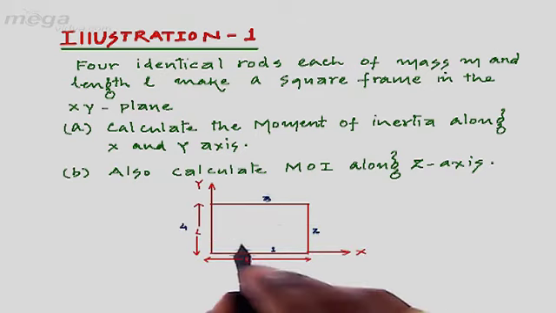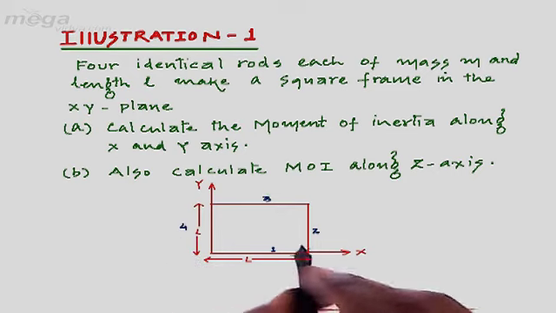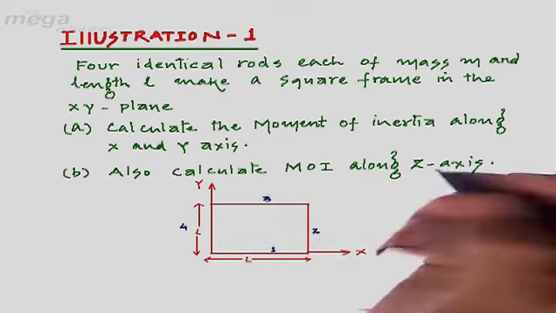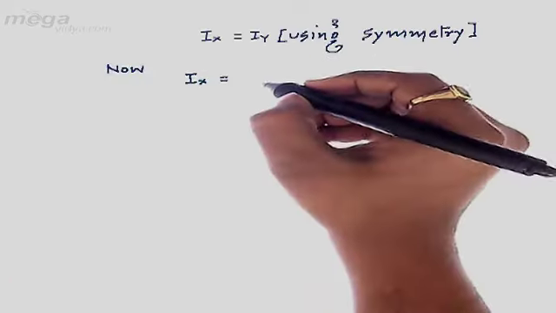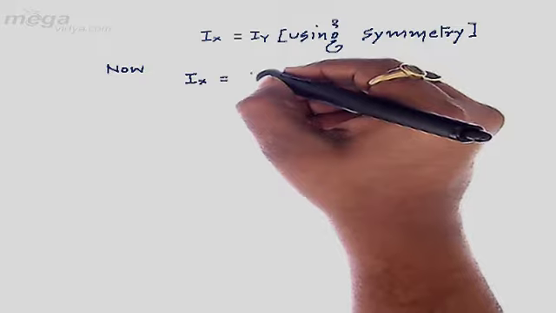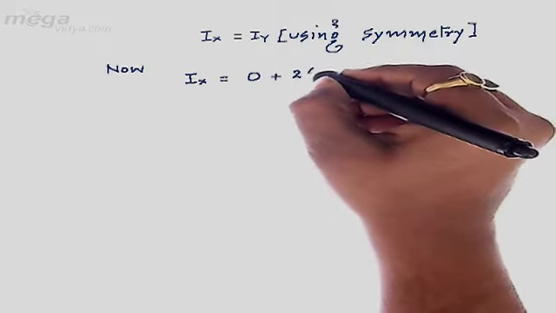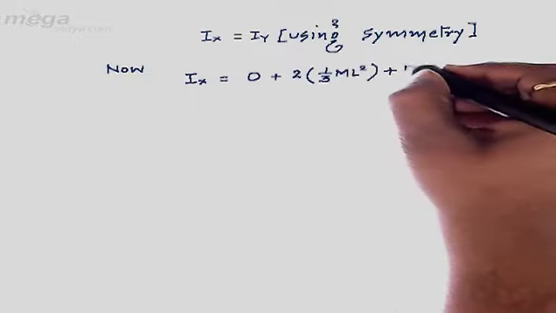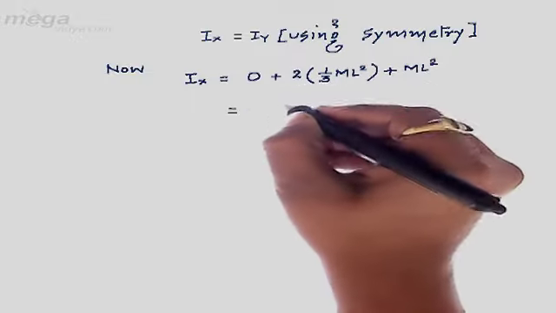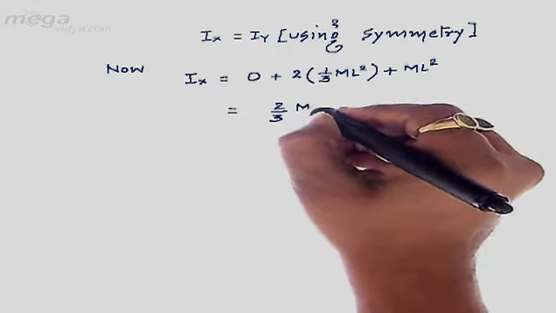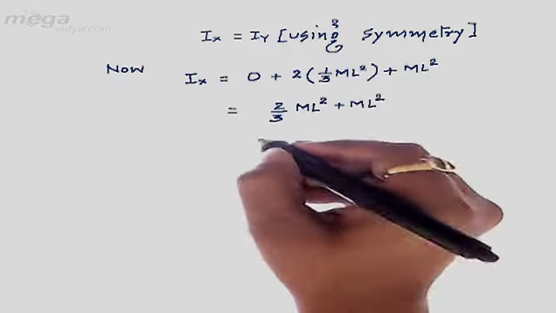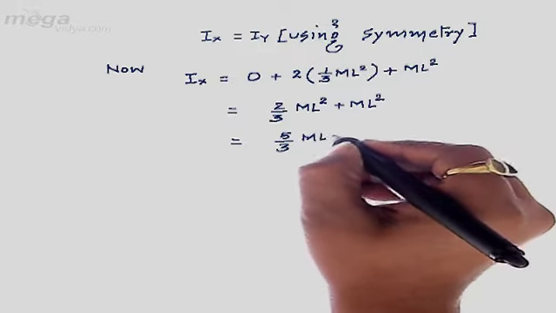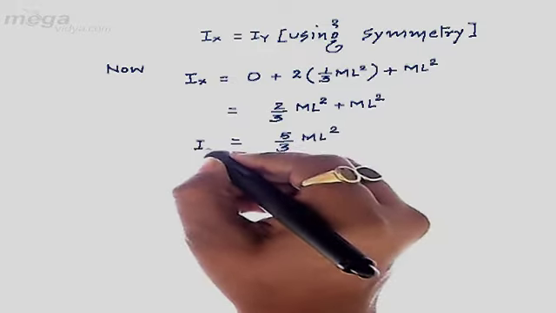For the second and fourth, it will be 1/3 ml², and for the third rod, it will be ml². So the moment of inertia will be the sum of 0 plus 2 multiplied by 1/3 ml² plus ml², or 2/3 ml² plus ml², which gives 5/3 ml². This is the moment of inertia along the x-axis.